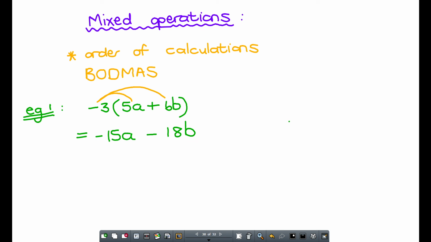Okay, so can you see I got rid of my brackets? Always go check. Are these like terms now? No. So I couldn't add or subtract. This is basically simplified as far as I could go. Okay.